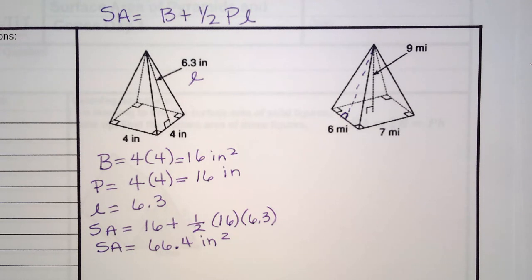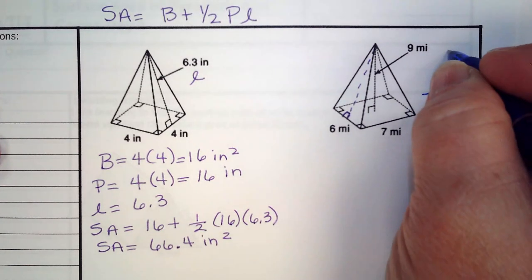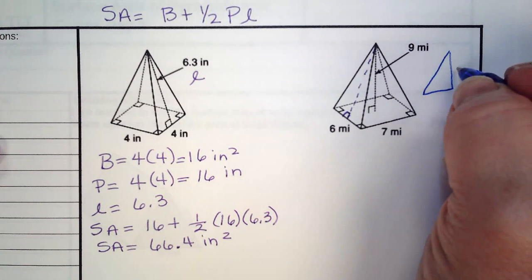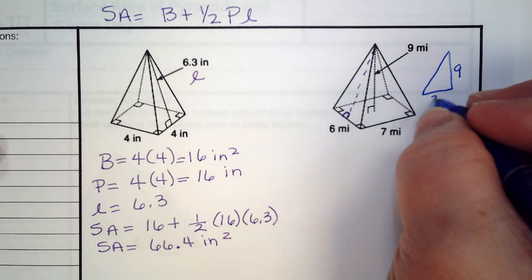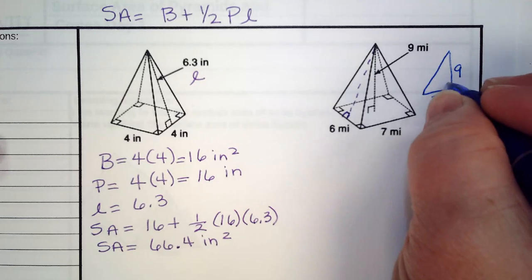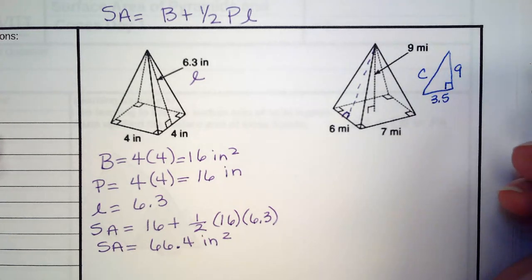Well, we can actually use Pythagorean's theorem. If we pull that out and look at it, this is 9. Okay, half of 7 would be 3.5. What we're looking for is the hypotenuse.